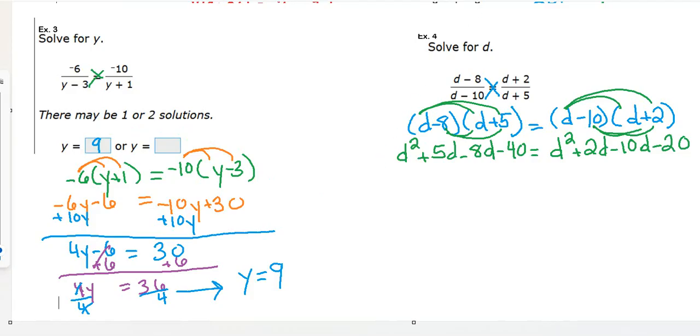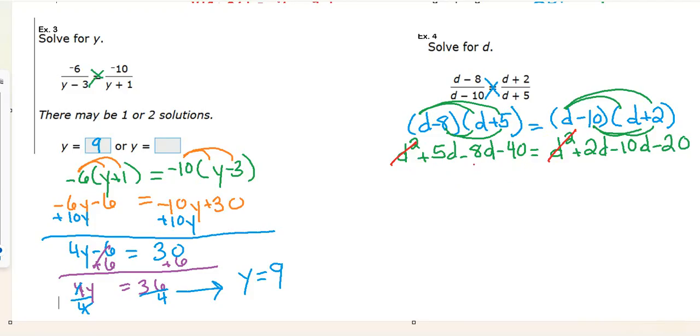But on this one, I noticed that I have a positive d squared here and a d squared here. If I just take them both off, it doesn't affect the equation. They're still balanced. So we got rid of that d squared.